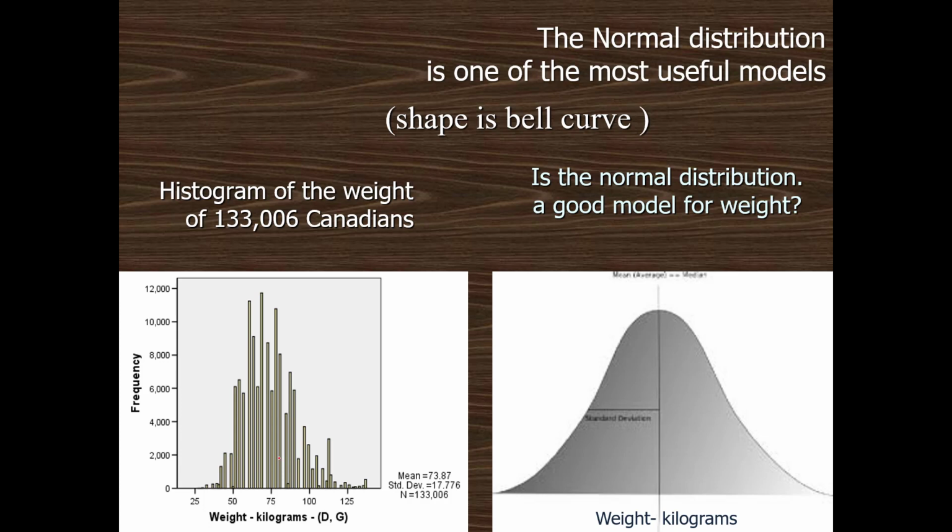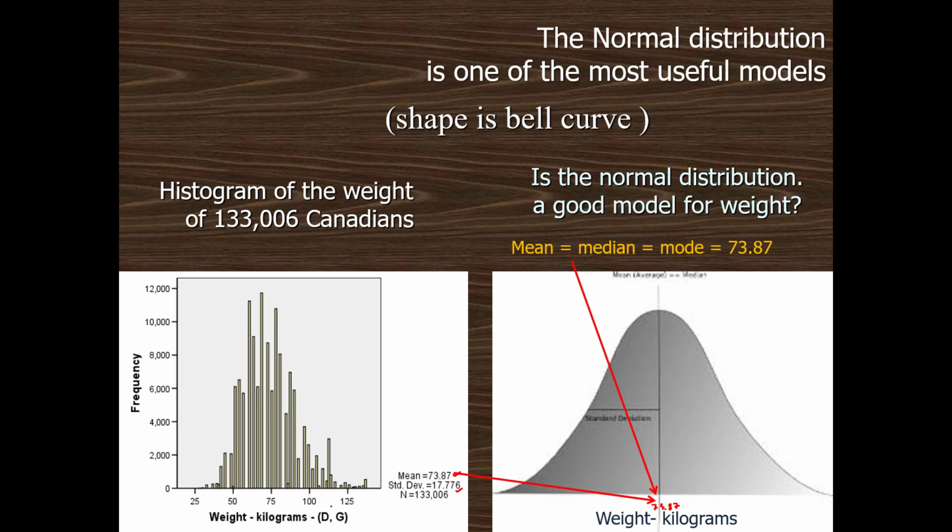We could take this data, the mean and standard deviation, and create this normal distribution where the mean would be 73.87 and the standard deviation 17.776. And so we can create a model for the distribution of weight in Canada.